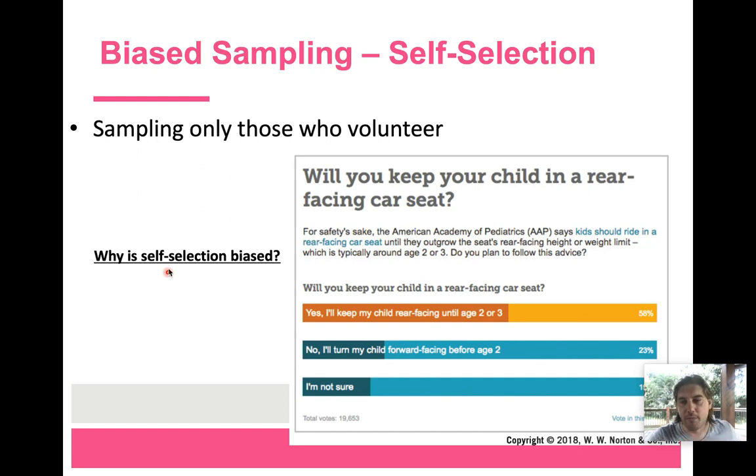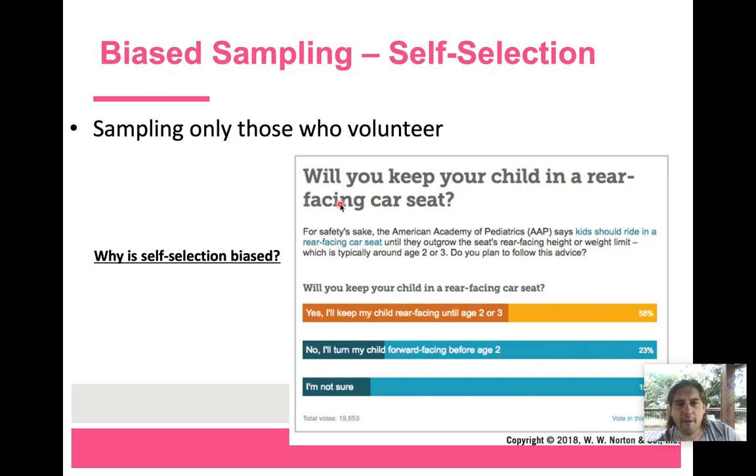So, for example, this is a little pop-up window that's pretty common to see on a website. Maybe this is a developmental psychologist or a pediatrician who's trying to collect data on safety behaviors in people with children, mainly car seats.